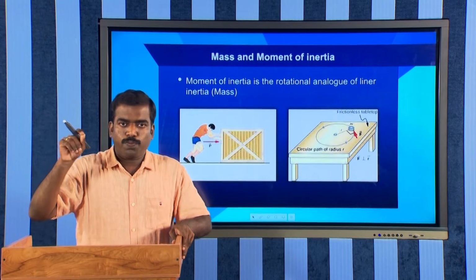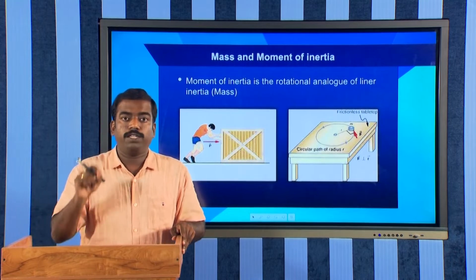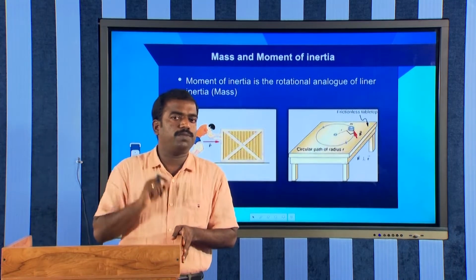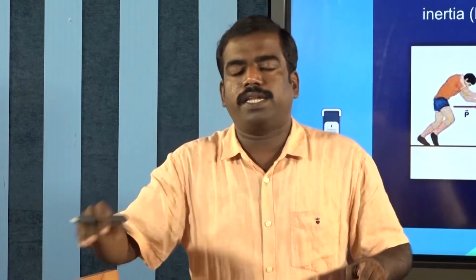If you have to produce angular acceleration, you have to apply torque. Instead of force in rotational motion, we apply torque, the rotating effect of force. If you apply a torque, you will induce some angular acceleration in the object. Then the rotational inertia or moment of inertia will oppose your external torque.